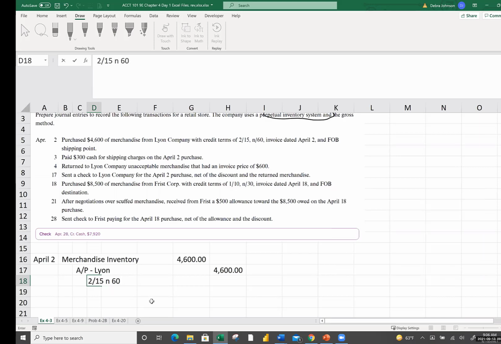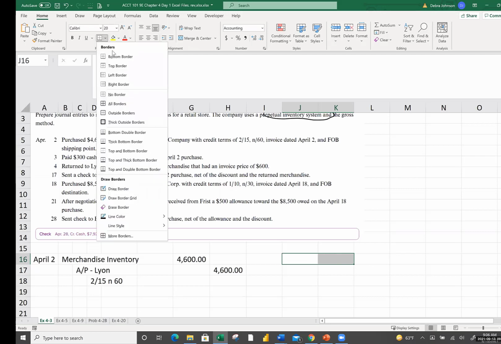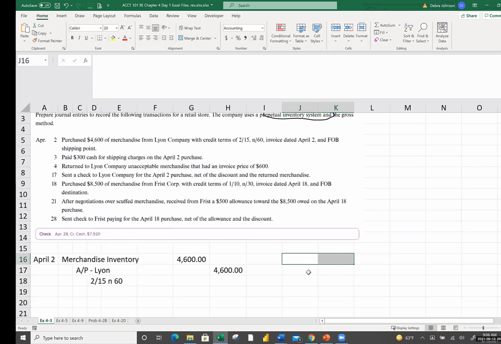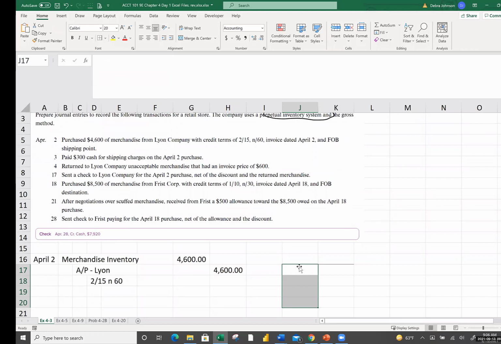And then what I would get into the habit of doing, because I think it's going to make your life easier, I would keep little T accounts because pretty soon it will start to become a little bit more confusing when either you owe somebody money or somebody owes you money, because you guys are introductory students right now. So right now I'm going to come up here and put AP for Lion.